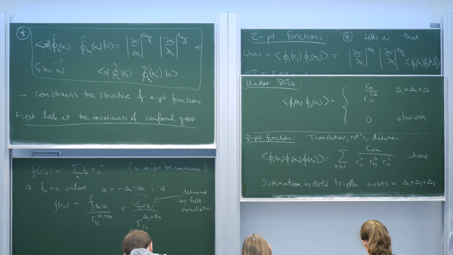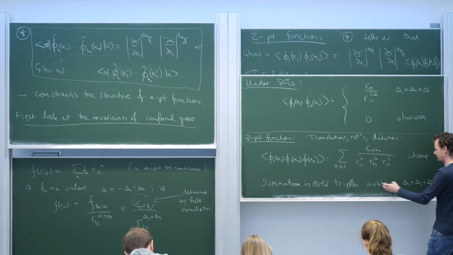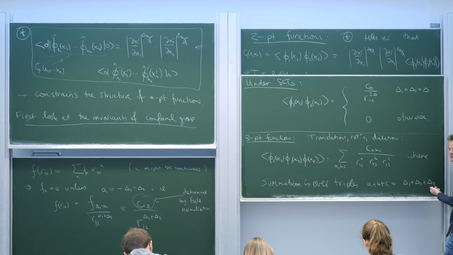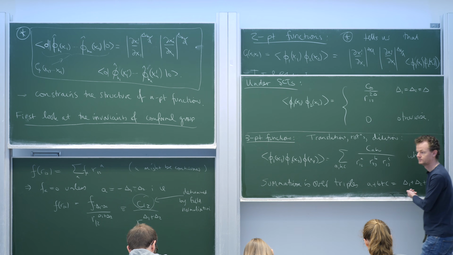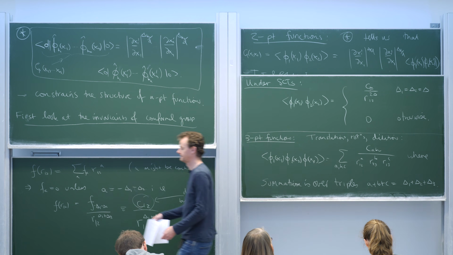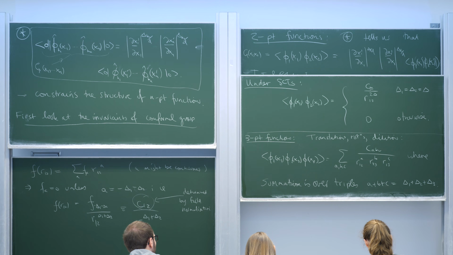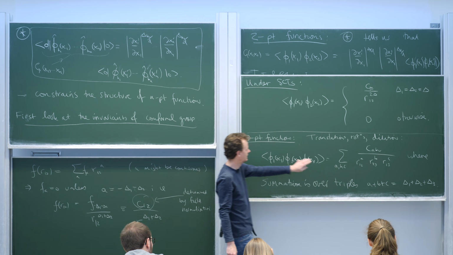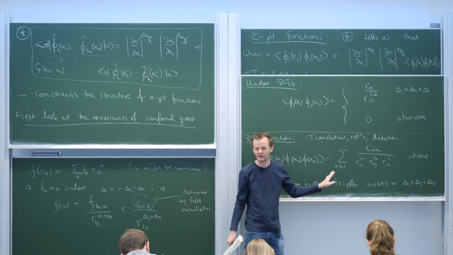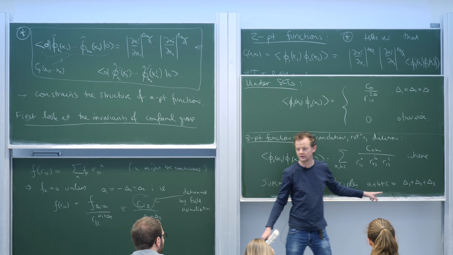Where these triples a, b, and c that you're summing over have to equal delta 1, delta 2, delta 3. So here you're summing over three independent variables a, b, and c, subject to one constraint.